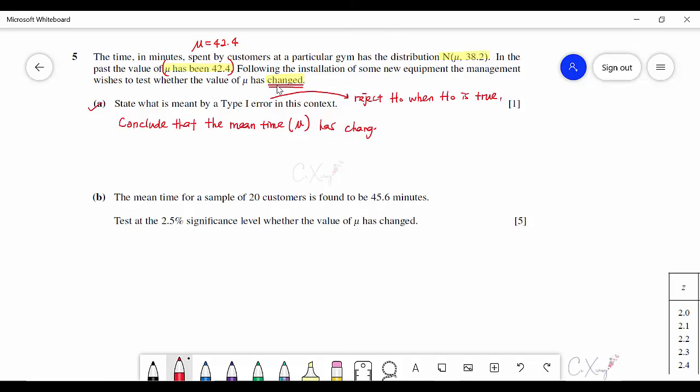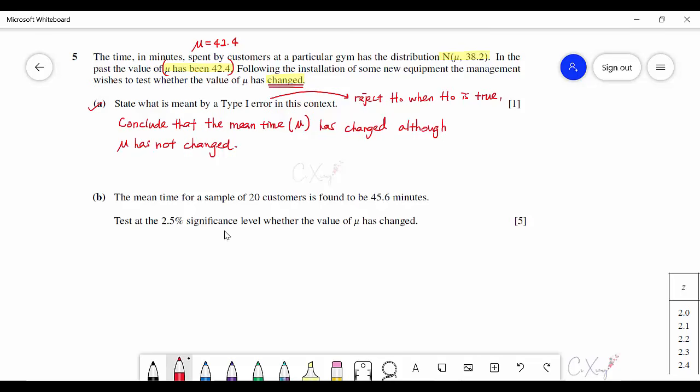So the conclusion will be that we conclude that the mean time has changed, although it has not changed. Although mu has not changed. All right, so that's the meaning of type 1 error in the context of the question.